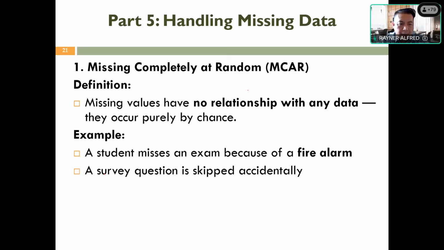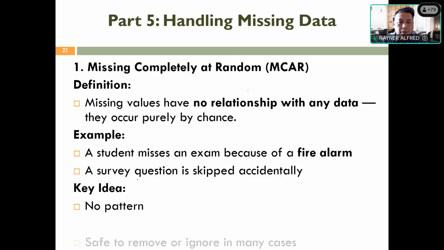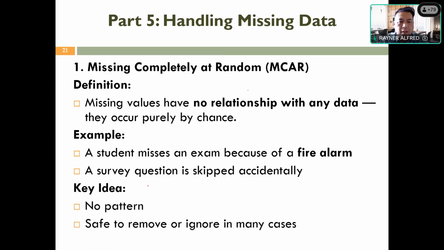In the second example, a survey question is skipped, which means the survey question is not answered by the candidate because they forgot or they missed that. So the key idea here is that there is no pattern that you can look for in order to solve the problem.